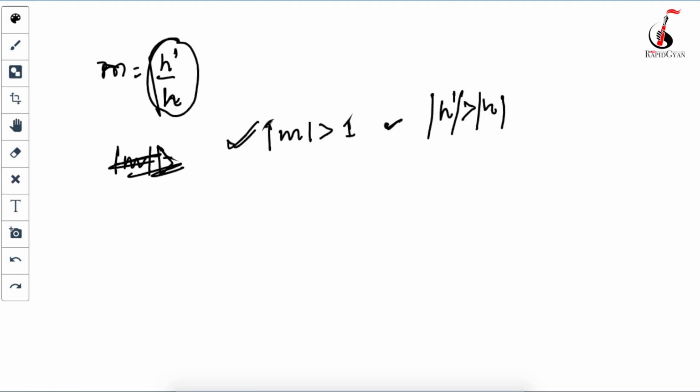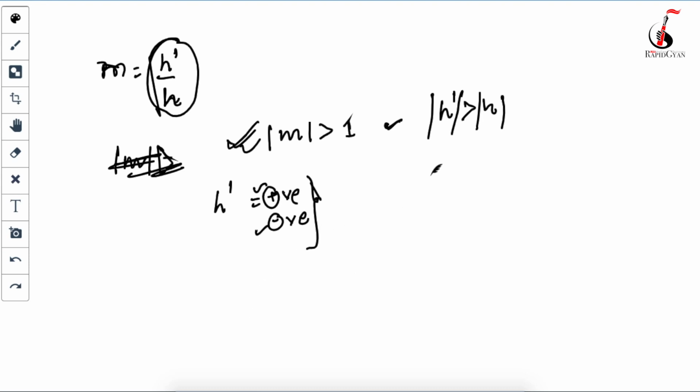Now the question comes, why have I written modulus? Because we know that the value of h dash could be positive or it could be negative. This positive and negative sign comes because of the sign convention.